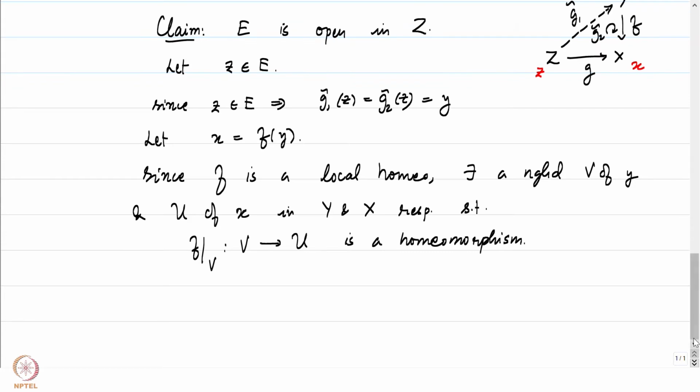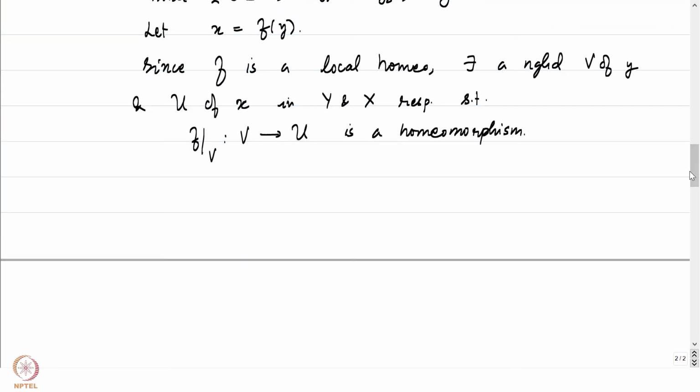In particular, this map F restricted to V has an inverse. Let phi from U to V be the inverse of F restricted to V. Always keep in mind that we only know that F restricted to V is a homeomorphism, so the inverse is also locally defined. It's defined from a neighborhood of X to the neighborhood of Y.